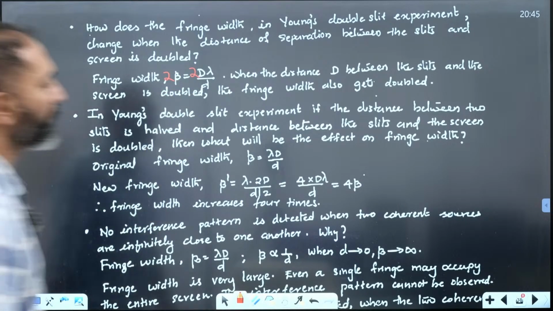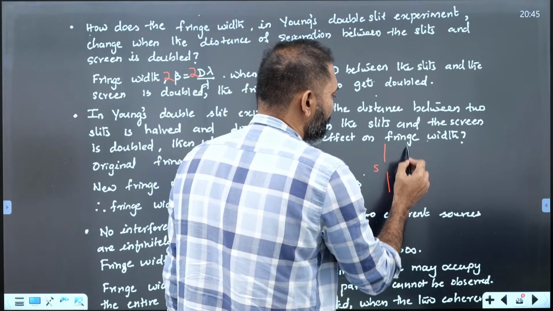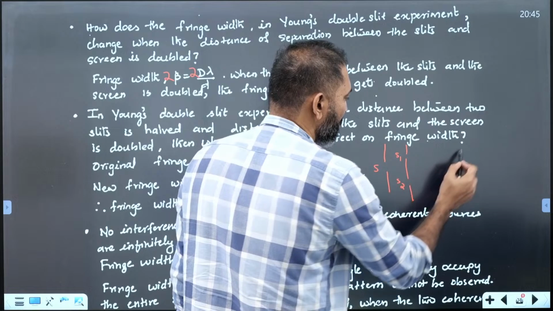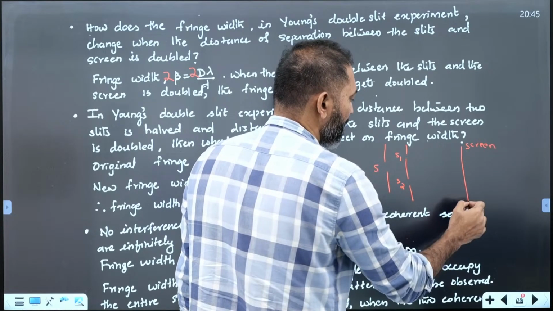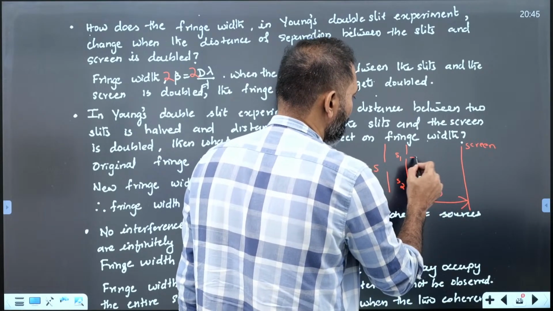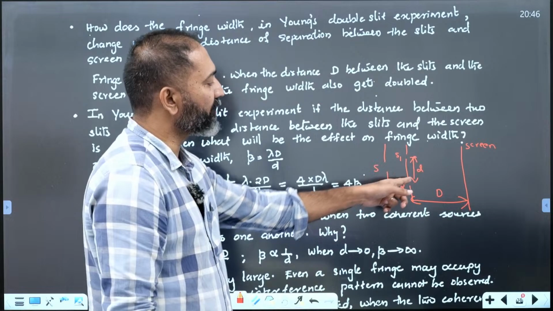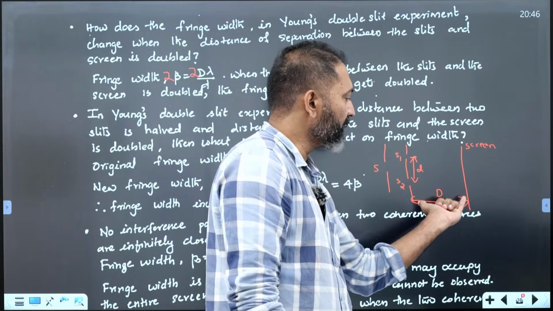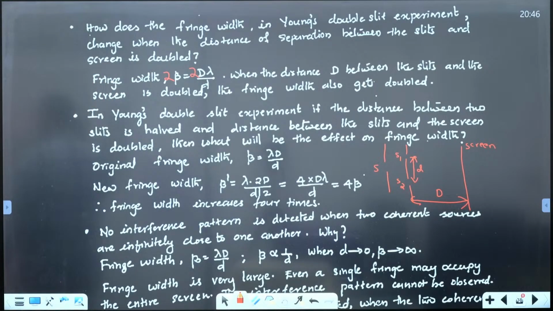Any doubt? I hope you remember what this is. This is S and these two, S1 and S2, act as coherent sources. This is the screen. Small letter d is the distance between coherent sources. Capital letter D is the distance between coherent sources and the screen.